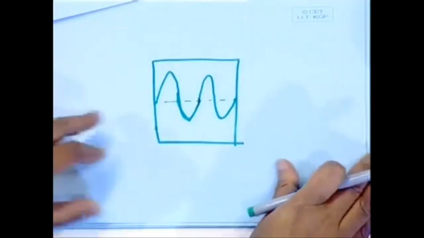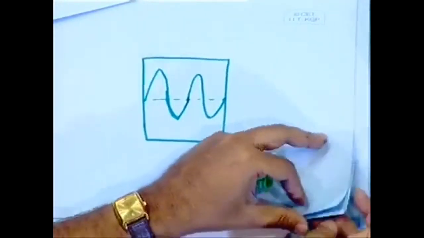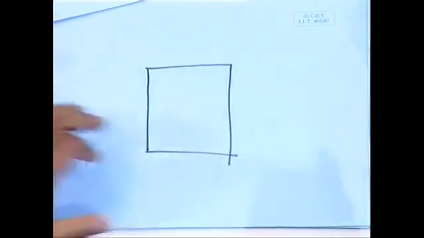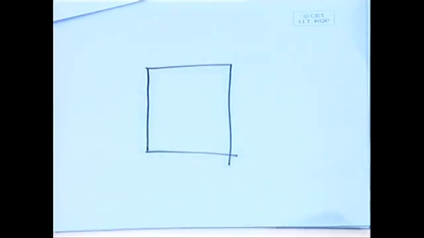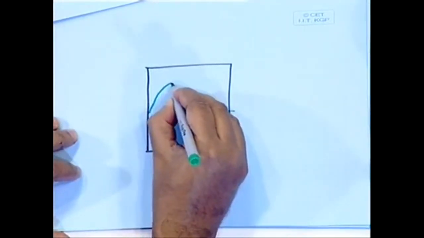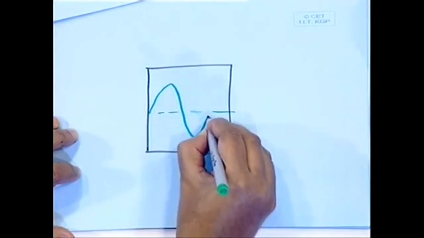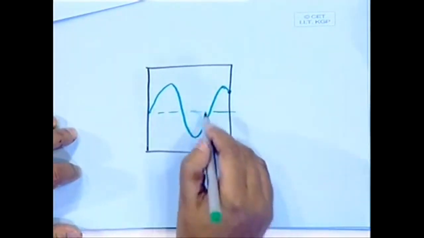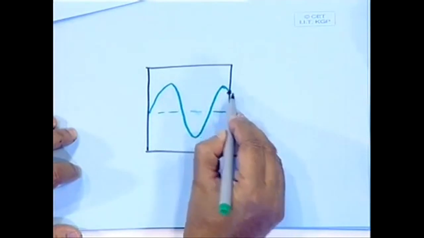Say I draw another kind of situation where this is the screen, and a sine wave is traced like this, goes from here to here, and here it just makes some incomplete cycles. So, it ends here.